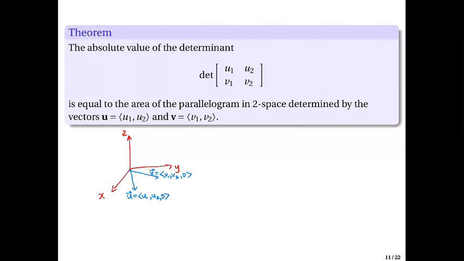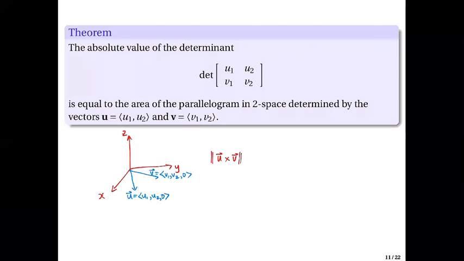So in here, what we're going to do is consider these two vectors. You will have u cross v, and then you get the magnitude of this.